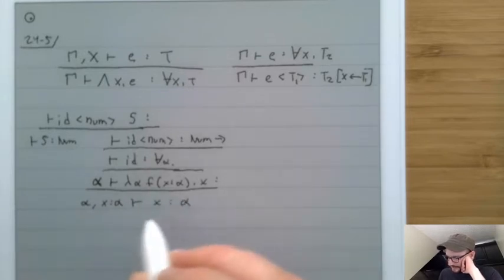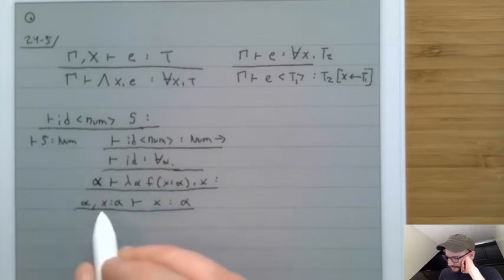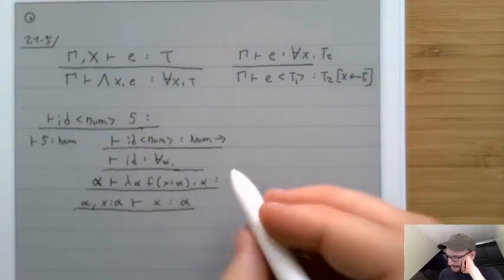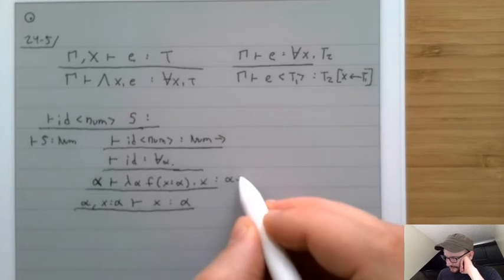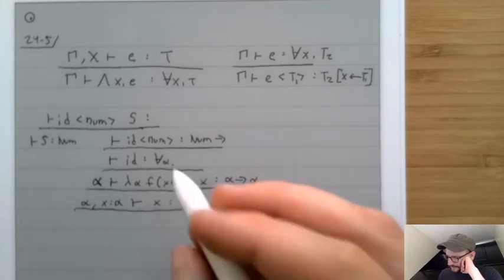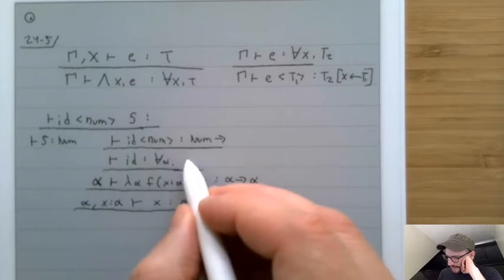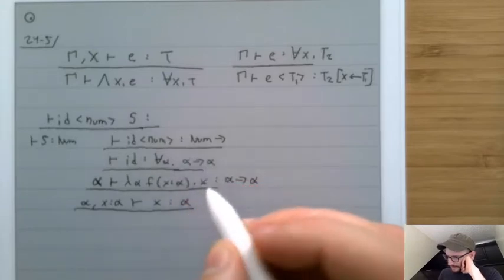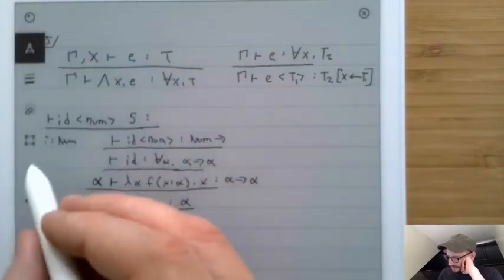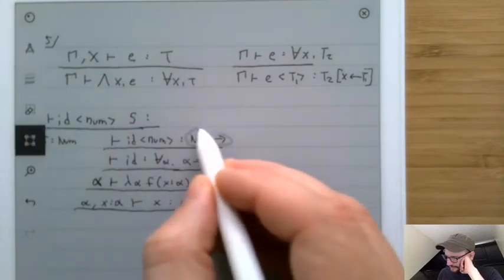And we're going to discover that it's of type alpha because of that.